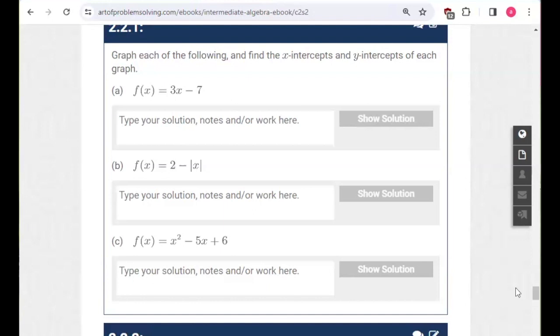Yeah. Okay. Oops. Not a very good diagram. Let me try a little bit better. There we go. It's a little bit better. Okay. That's your absolute value. So now flip it and move it up 2.